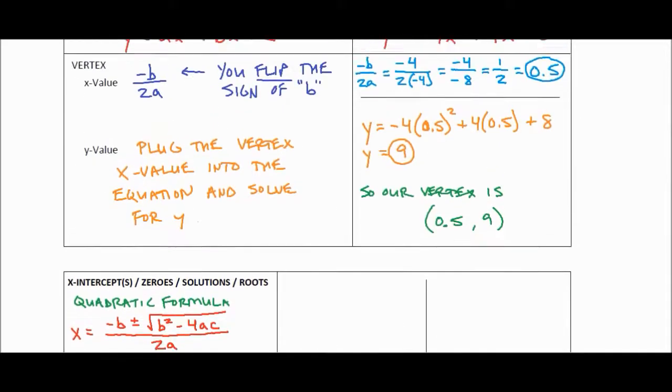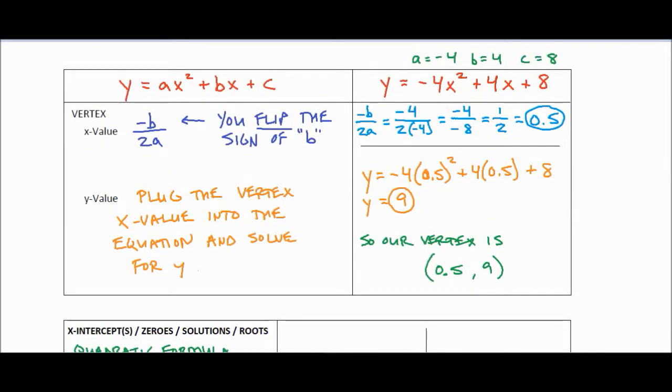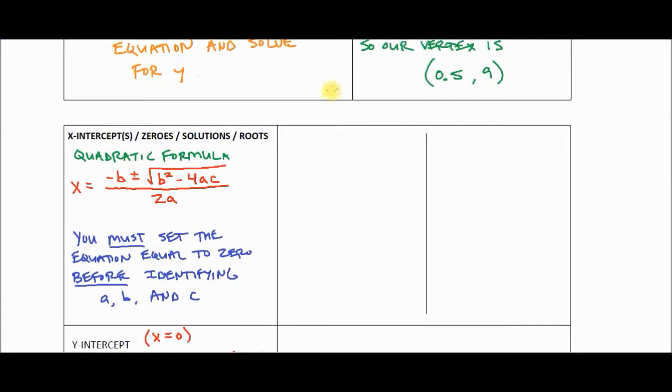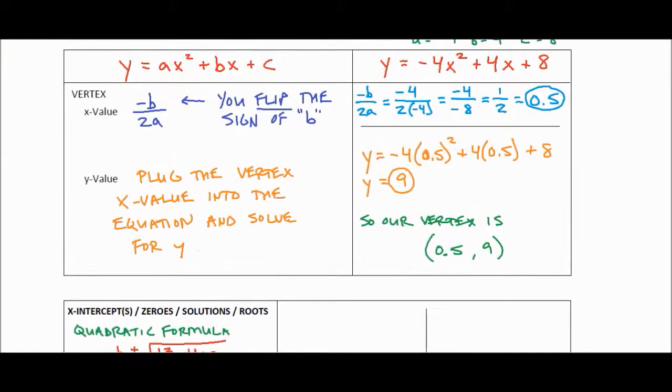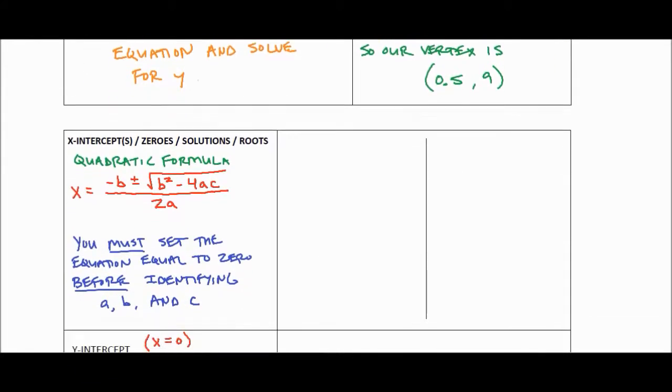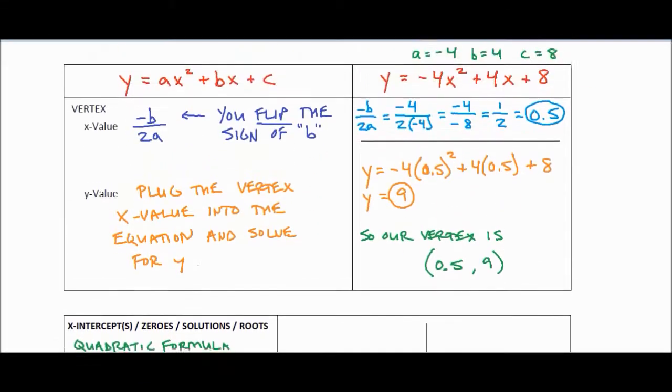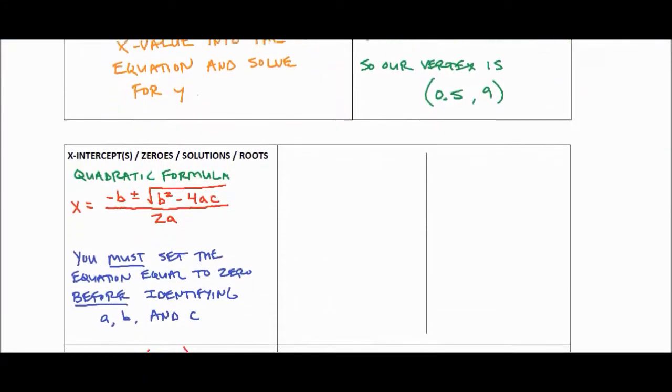If you remember on the top flap, we have this practice equation that we're using: y equals negative 4x squared plus 4x plus 8. In our first step, we're going to make sure this whole thing is equal to 0. Everything is already on one side. All we have to do is set y equal to 0.